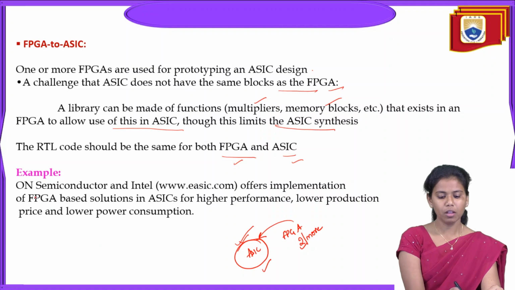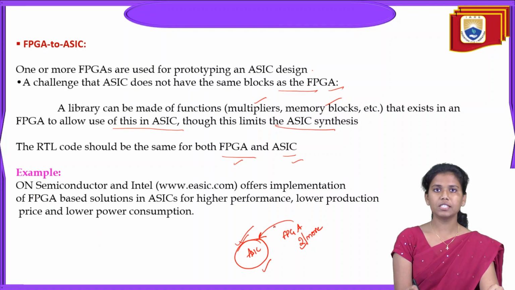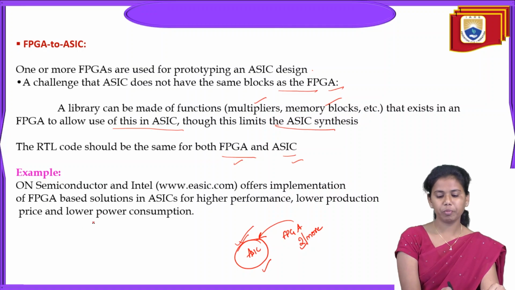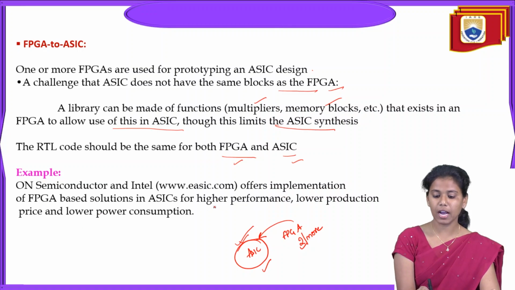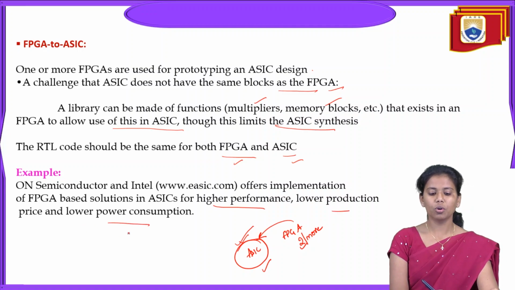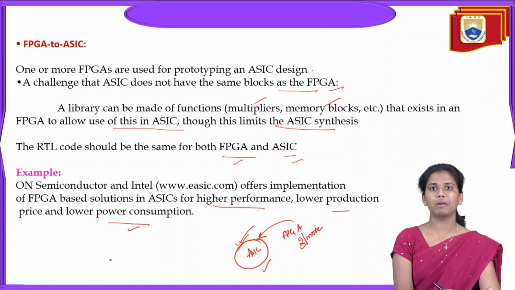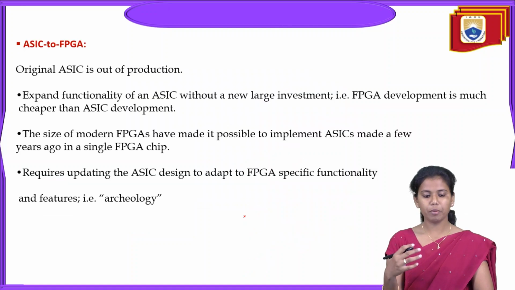And then we'll consider one example. In this example, ON Semiconductor and Intel offer implementation of FPGA based solutions in ASICs for high performance, low production price and low power consumption. So these companies are providing products with less power consumption, lower production price, and higher performance.